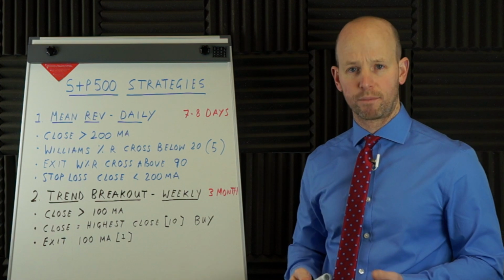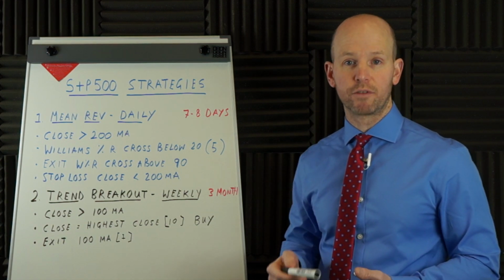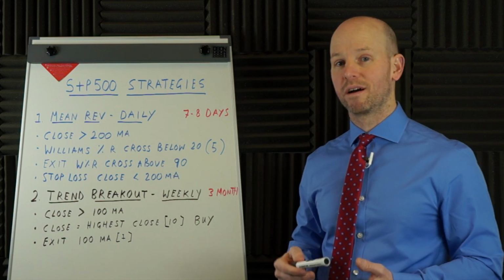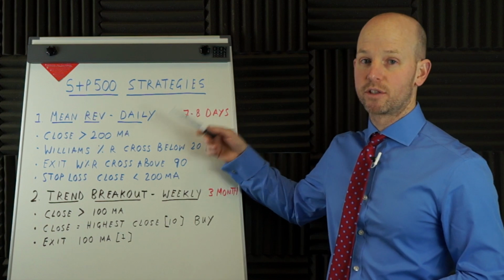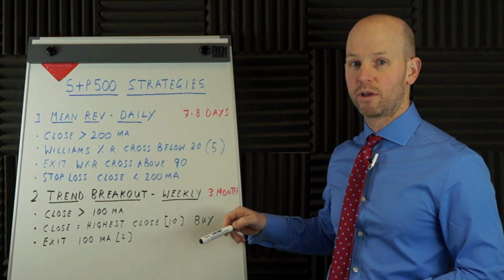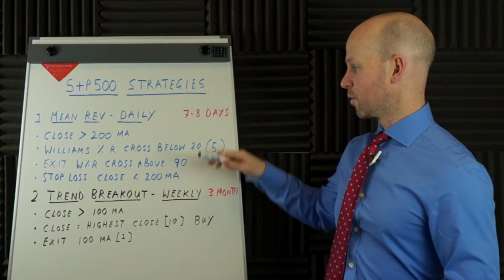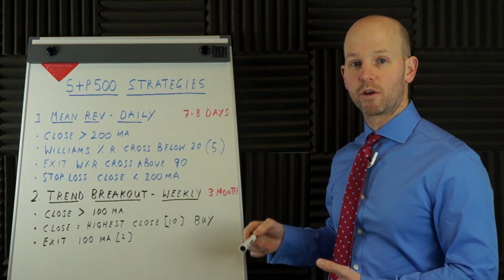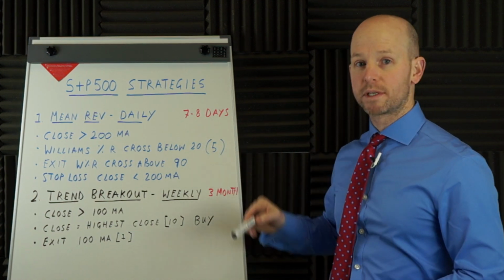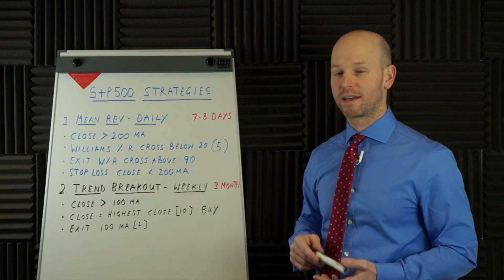Now, it's 20 on my charts using MultiCharts, but some of you might be using TradingView, and Williams %R on TradingView actually goes from 0 being the high to minus 100 being the low. So I've actually got it from 0 to 100. So in the lower 20%, minus 20 on mine, if you're using TradingView, then your lower 20% will be minus 80. It'll be pretty obvious when you bring up the indicator and check it out.